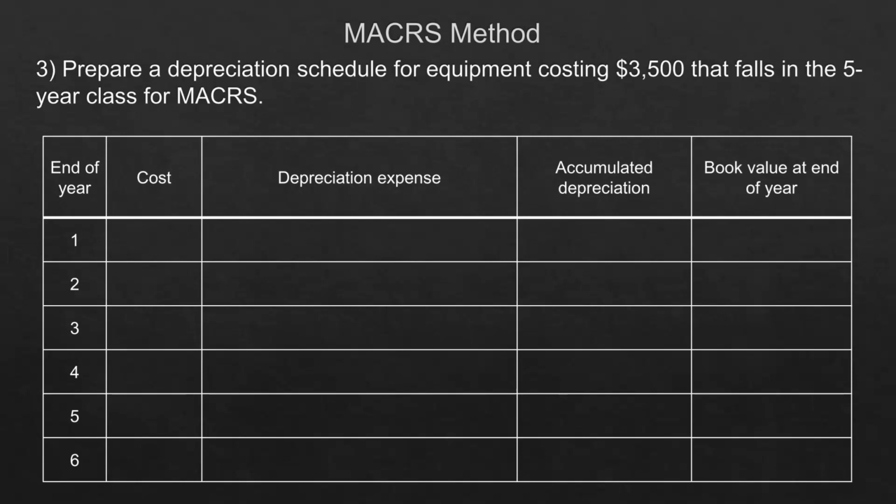So this is a depreciation schedule for equipment costing $3,500. It falls in the 5-year class for MACRS. We're going to go look at those percentages in just a minute. First, I want to fill out the chart partially. So for cost, it's going to be the same number all the way down, 3,500. We're calculating with 3,500 6 times.